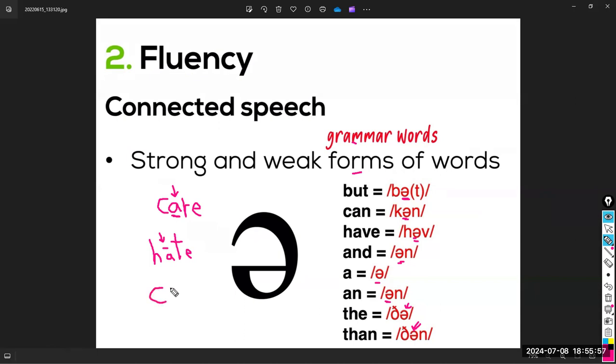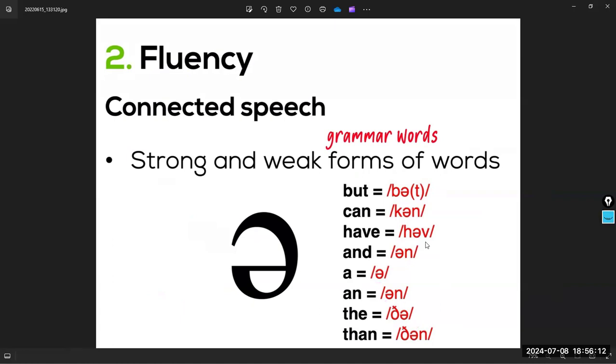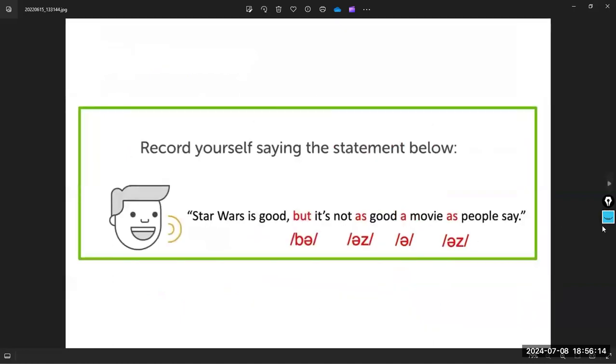Like cut, for example, this is a, like but. But if you want to add the letter E, it will be cute. So this is stressed, this is stressed, this is stressed again. Okay, so this is an example.